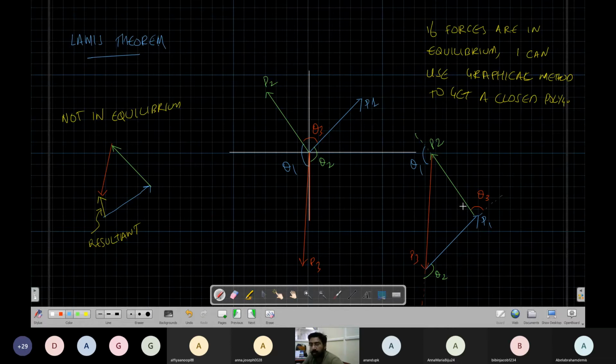I know what angles I have. Now I will mark this angle also. This angle is 180 minus theta 1.